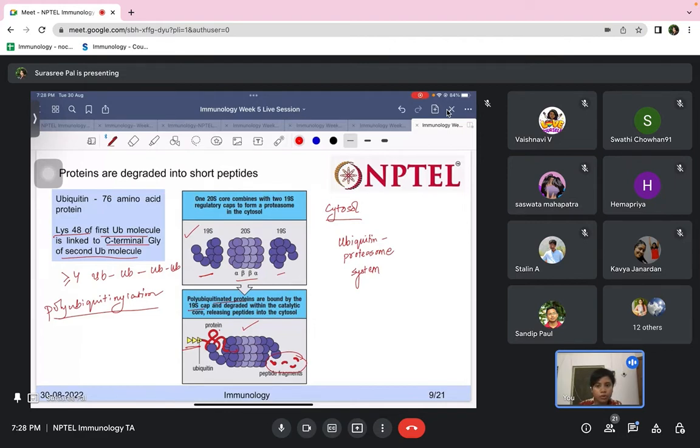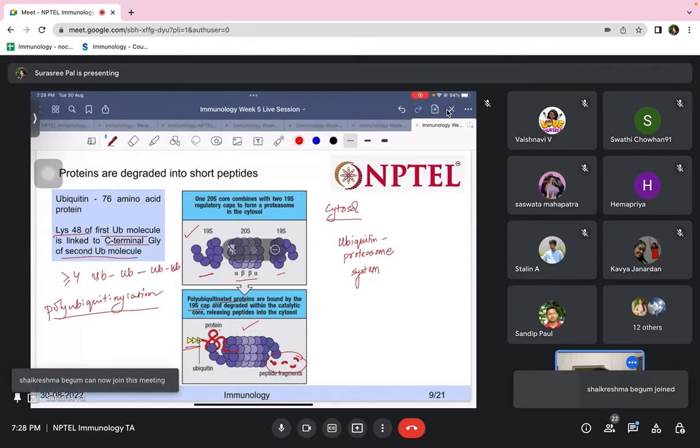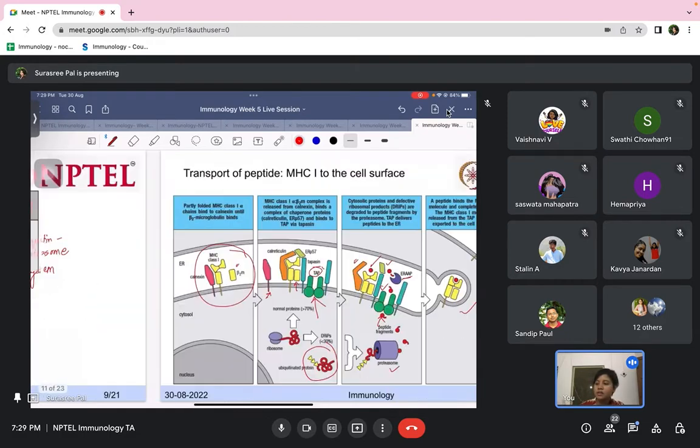They are polyubiquitinated, so many ubiquitin molecules are added to the protein, and then these proteins are transported to the proteasome, where they are degraded into peptide fragments, and this process takes place in the cytosol. Now the MHC molecule is present in the ER lumen. So how will these peptide fragments travel to the ER lumen? For that, this transporter is the TAP.